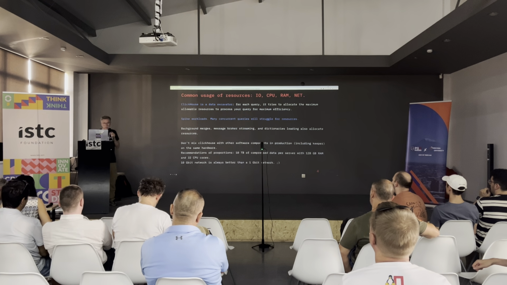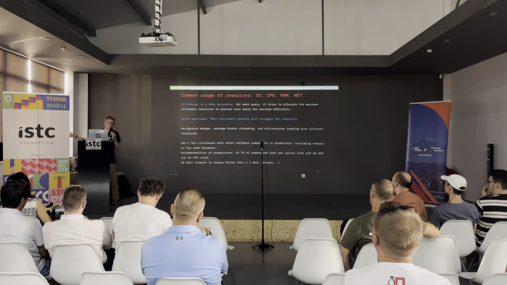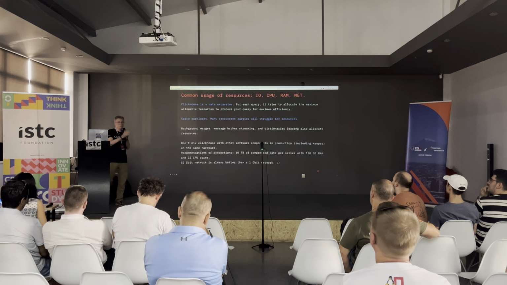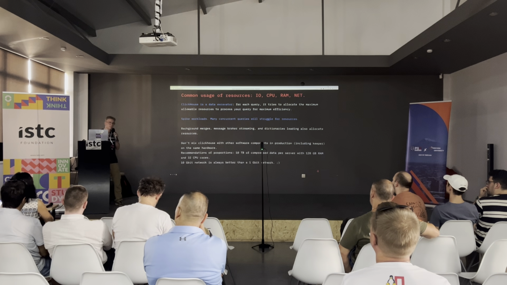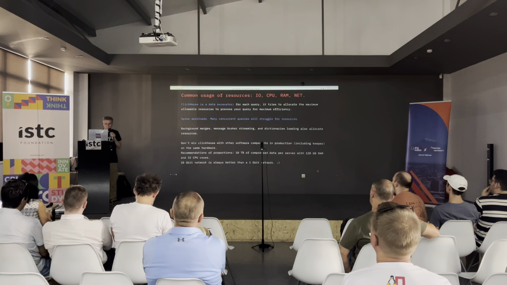My first advice: don't run ClickHouse on the same hardware with other heavy services. You can deploy ClickHouse on shared hardware in test and development environments, but not in production.